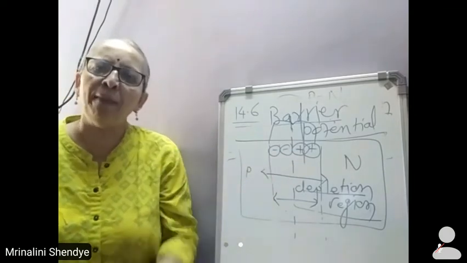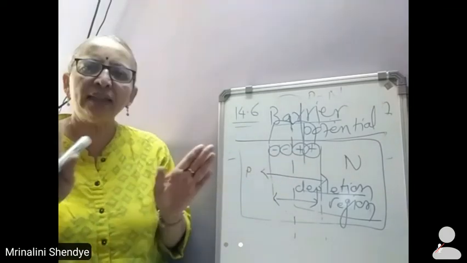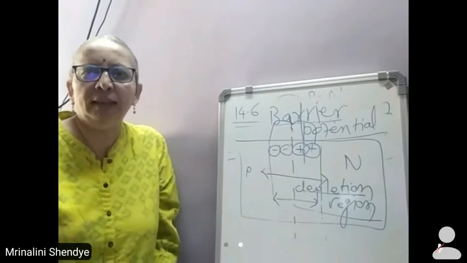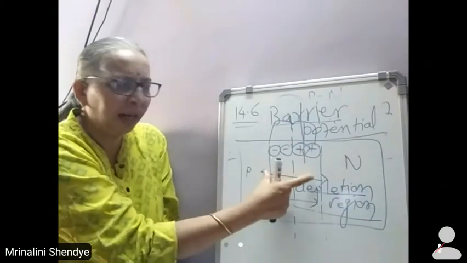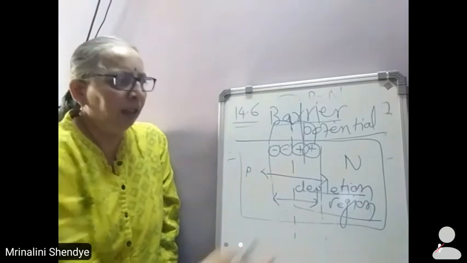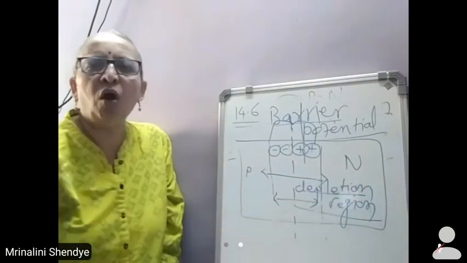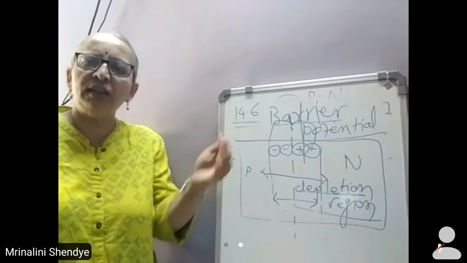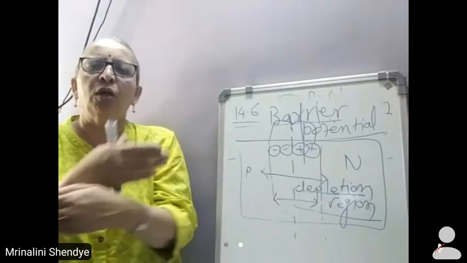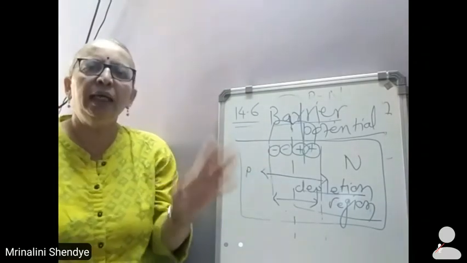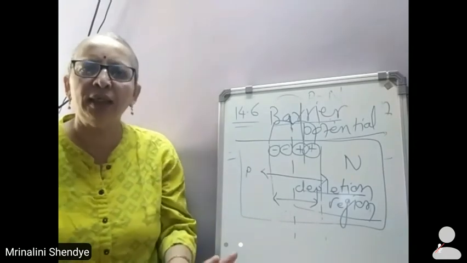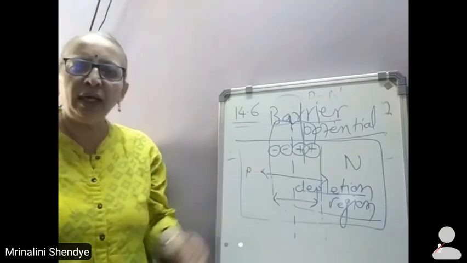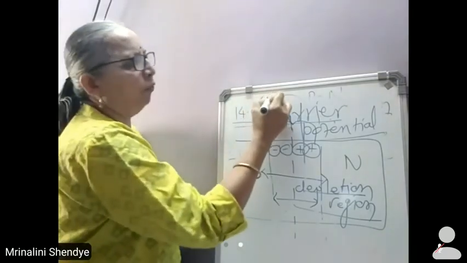So what happens when no external electric field is applied across this crystal? Due to barrier potential, further diffusion of charges from both regions into both regions crossing the junction is not possible, and hence at normal condition we don't get any current further.